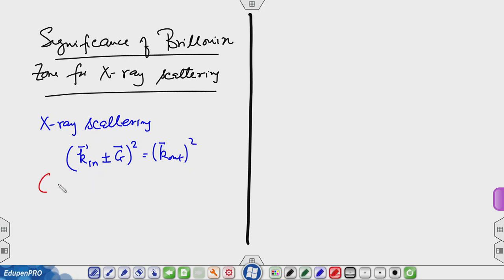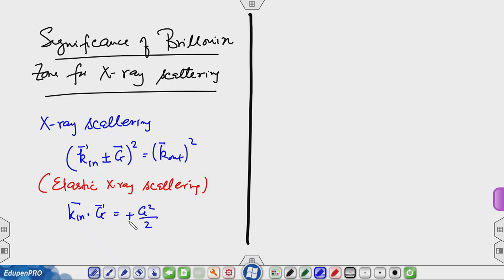This was for elastic X-ray scattering, so that the energy remains the same, and this gave you k_in dot G is equal to G squared by 2, plus or minus, does not matter, I will just take the plus sign.